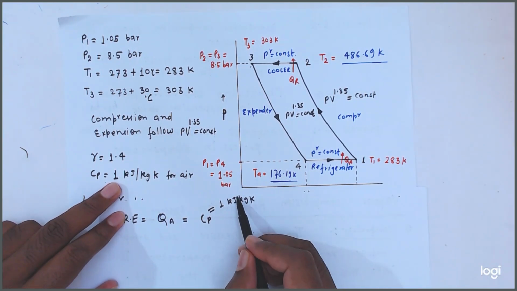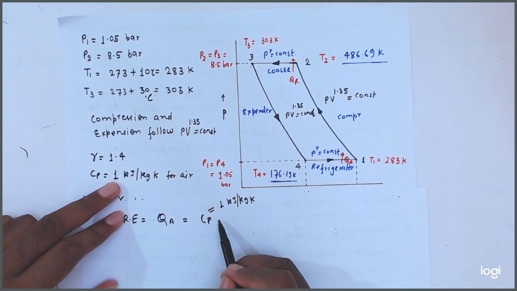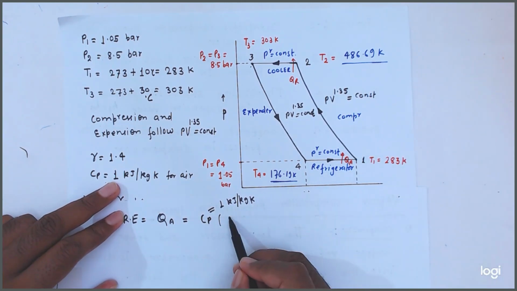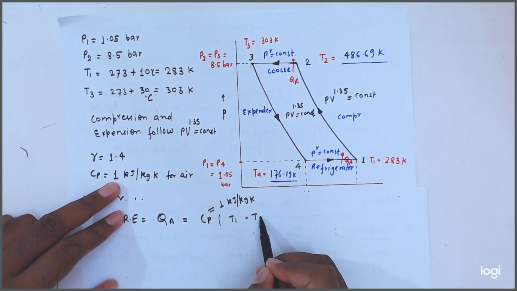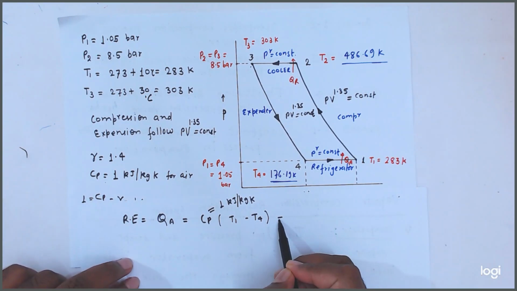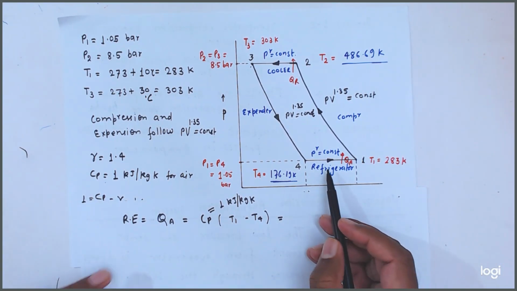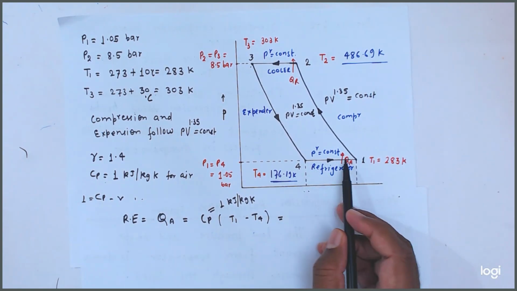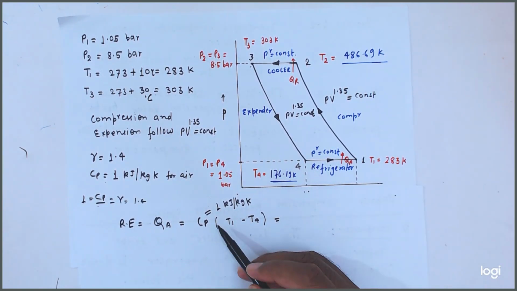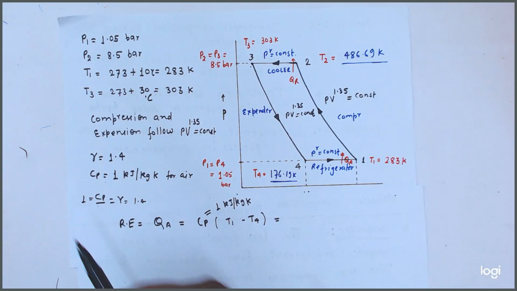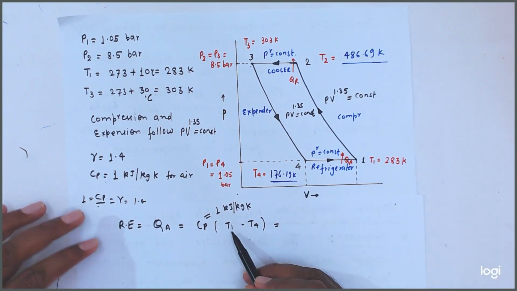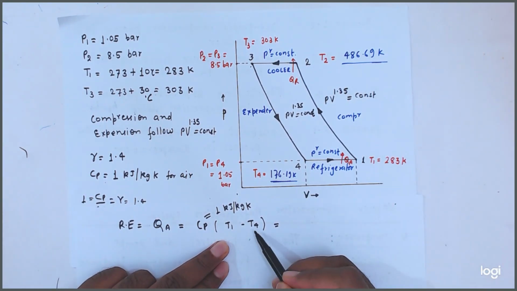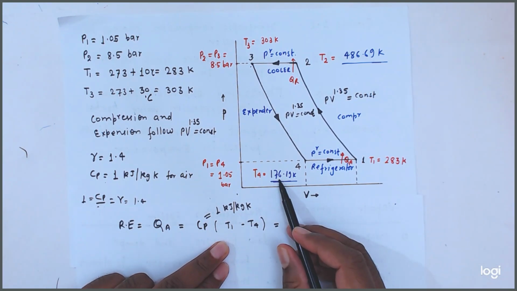So Cp into temperature at T1 minus temperature at T4. Since it is at constant pressure, we take Cp equal to 1, and T1 and T4 we know.